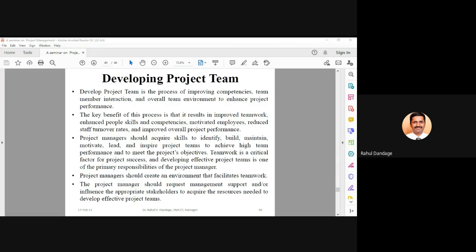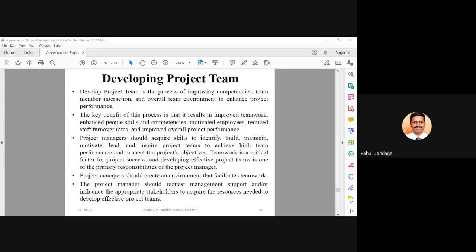And creating this teamwork among your team members and developing effective project teams is one of the primary responsibilities of your project manager. As a project manager, there are a variety of roles and responsibilities he needs to handle, but one of the primary responsibilities is to develop the effective project team.